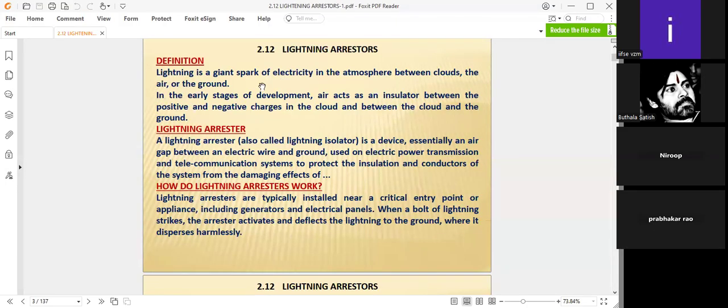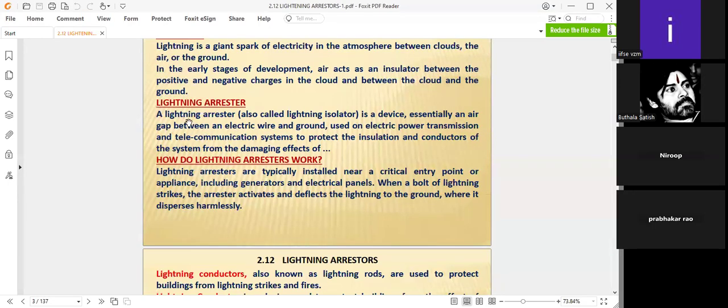In the early stages of development, air acts as an insulator between the positive and negative charges in the cloud and between the clouds and the ground. Yesterday we discussed intra-cloud and cloud to ground also, the charges developed and all these things. That is, air acts as an insulator within the clouds, cloud to cloud, and cloud to ground also.